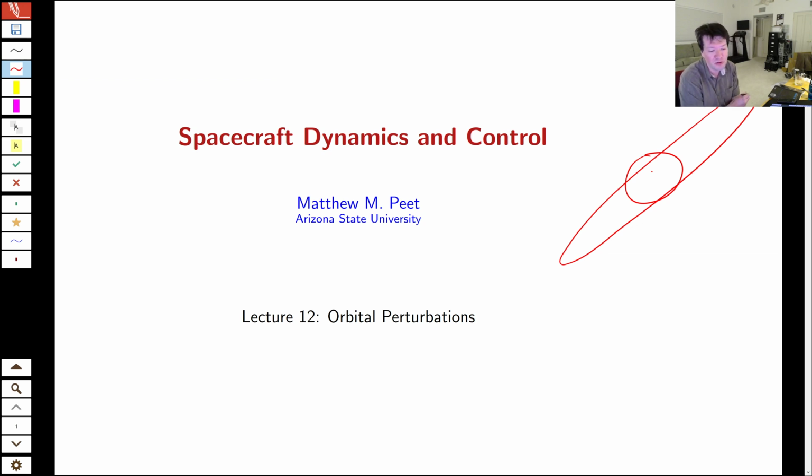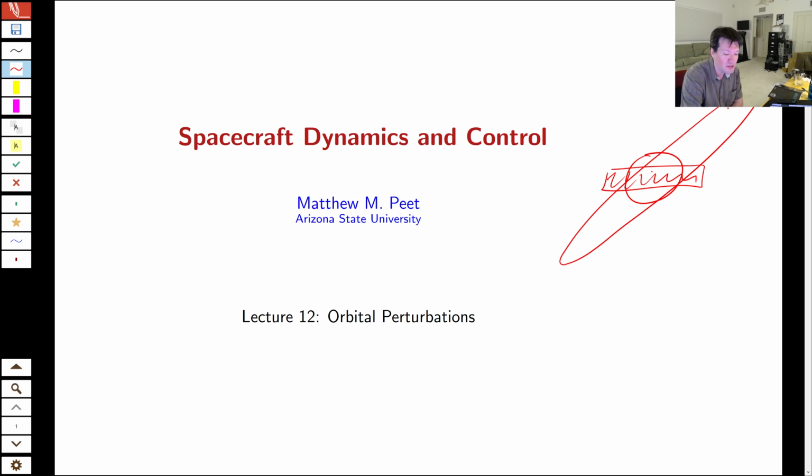we don't want to totally throw out the ellipse, right? Because it's a good starting place. And these perturbations are usually small. So we're not going to throw out the ellipse, but we'll consider variations on that elliptic motion, how the ellipse changes over time due to these orbital perturbations. So, for example, the Earth has a little bit of a fatness band around the middle.